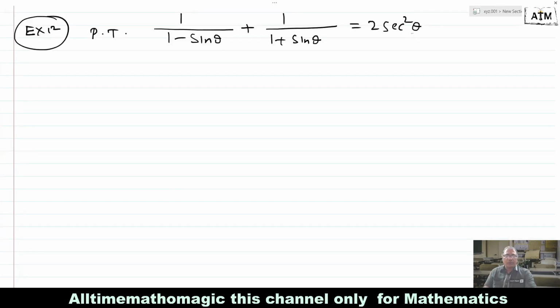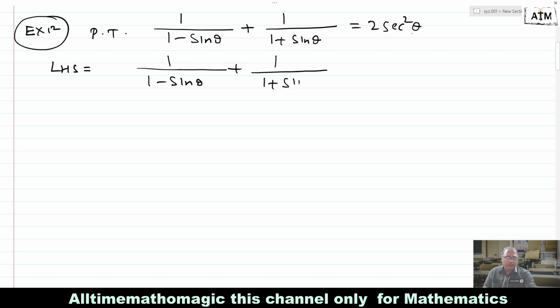Question number 12. Prove that 1 upon 1 minus sin theta plus 1 upon 1 plus sin theta equals 2 sec square theta. Now we are taking LHS. Quite an easy problem.